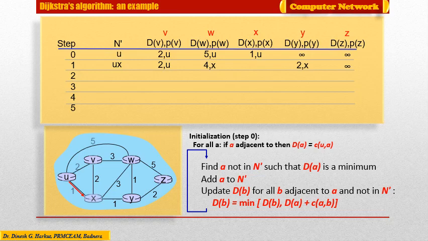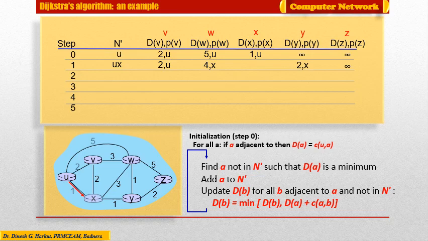From X to W the cost is 3 plus 1, which is 4, which was earlier set as 5, and on this least cost path the immediate previous node to W is X, hence it was replaced with X.